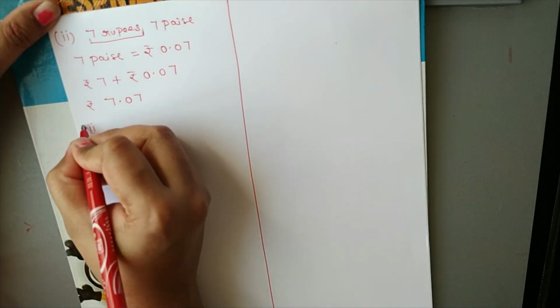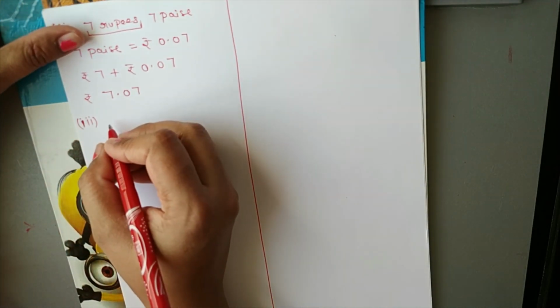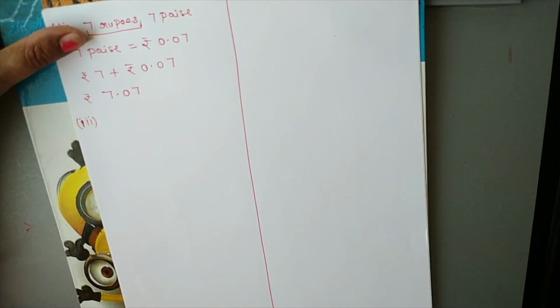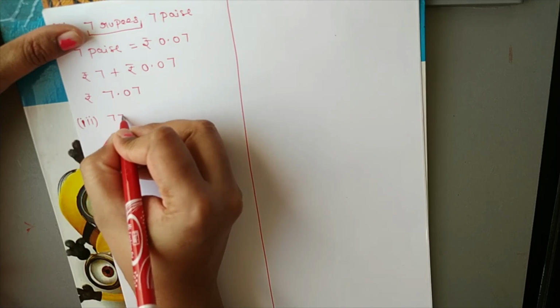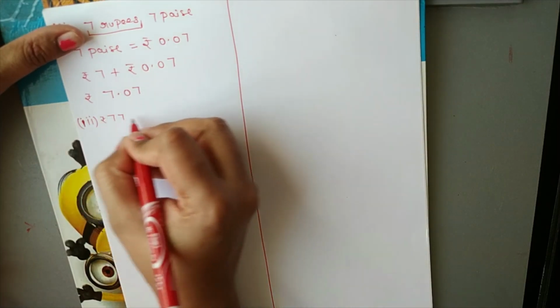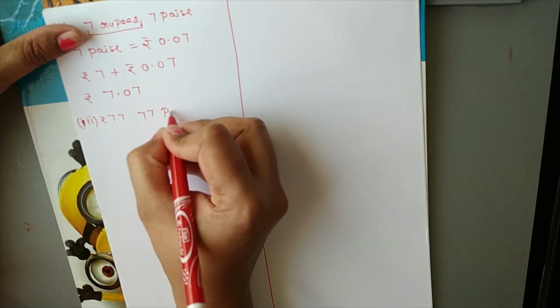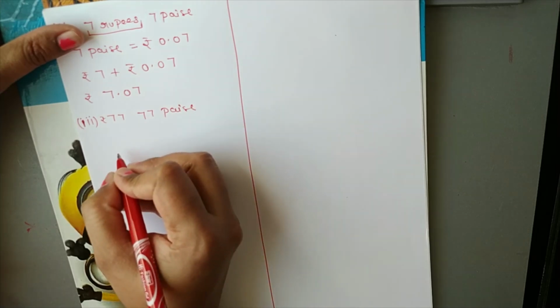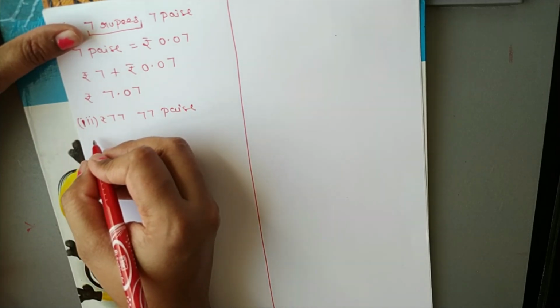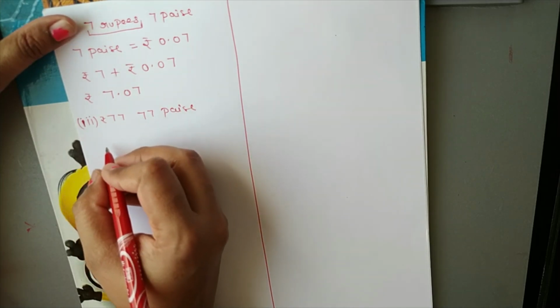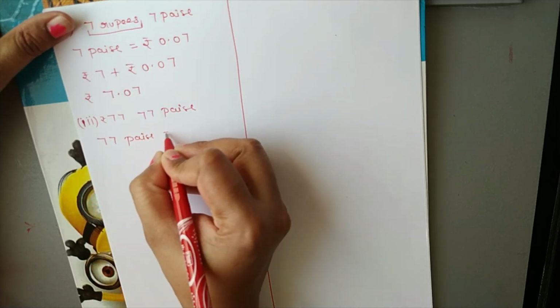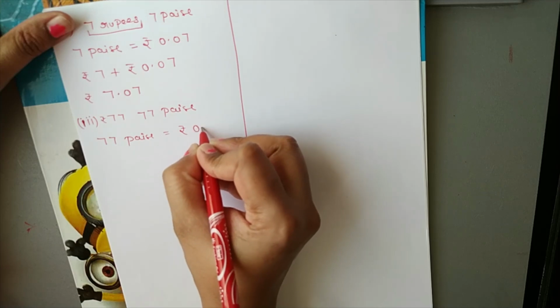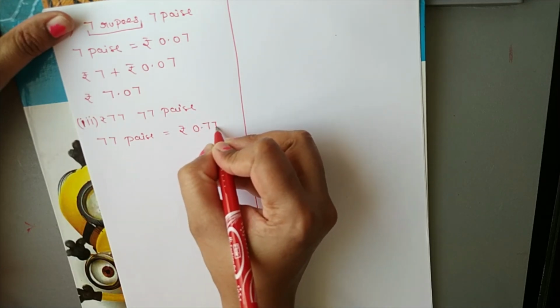Now third part, 77 rupees, then 77 paise. Okay, so 77 paise can be written as 0.77 rupees.